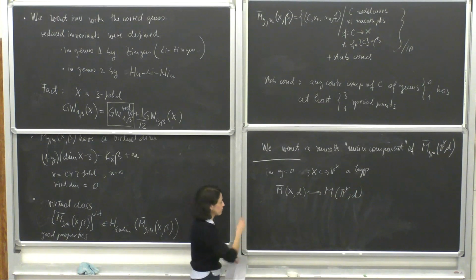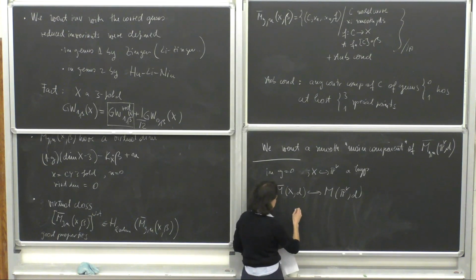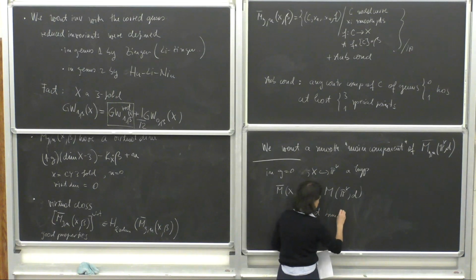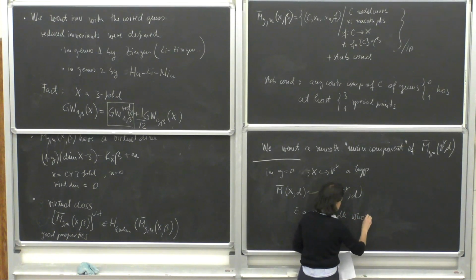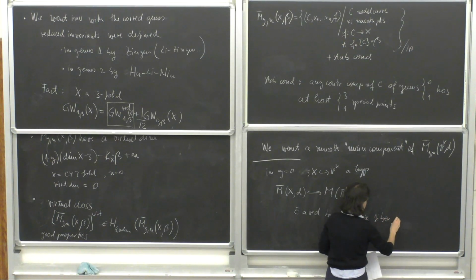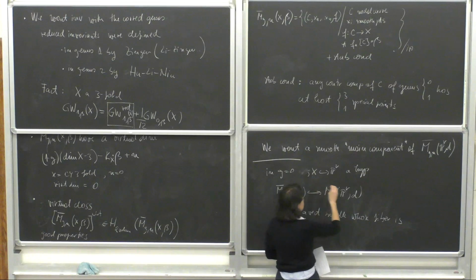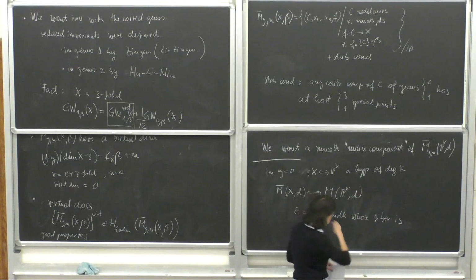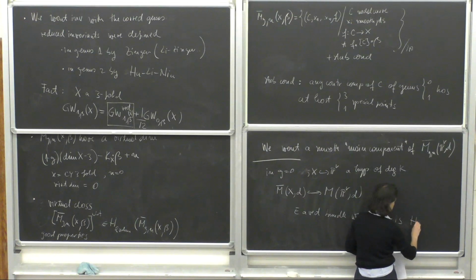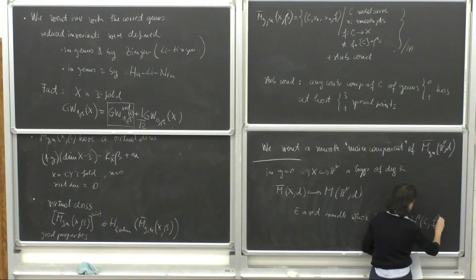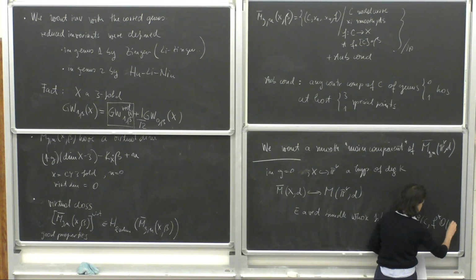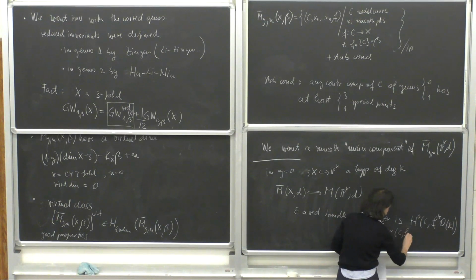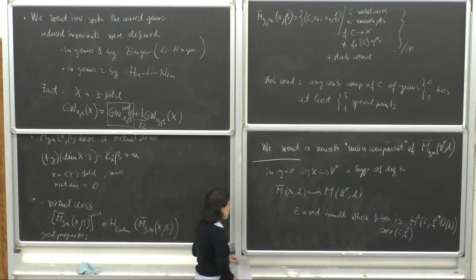Here you have E, a vector bundle whose fiber, let's say for a hypersurface of degree K, is the space of sections of f pullback of O(K), fiber over [C, f].